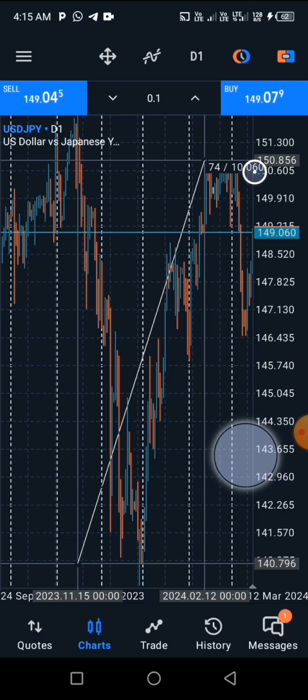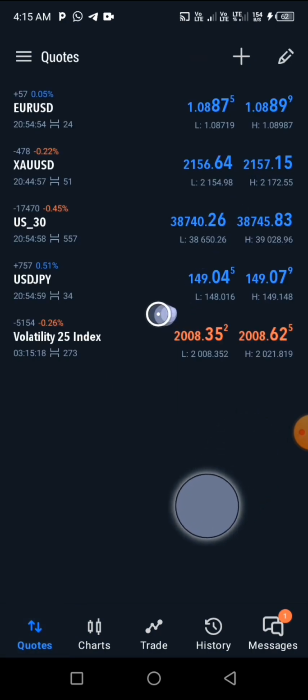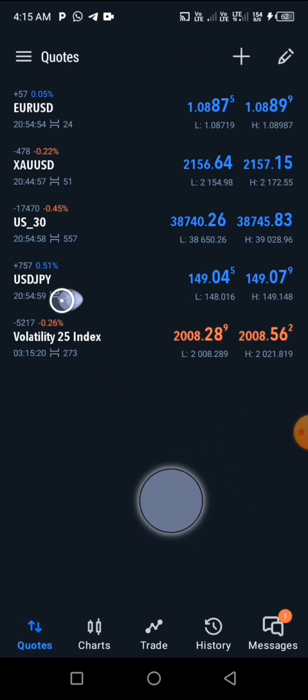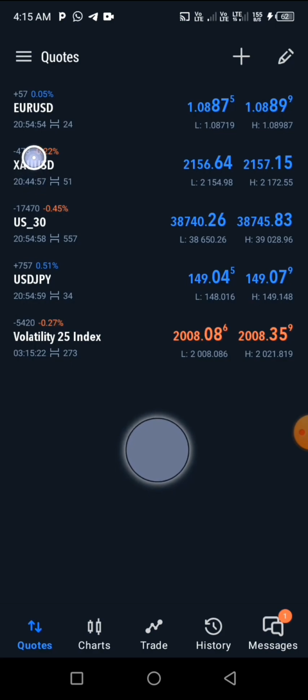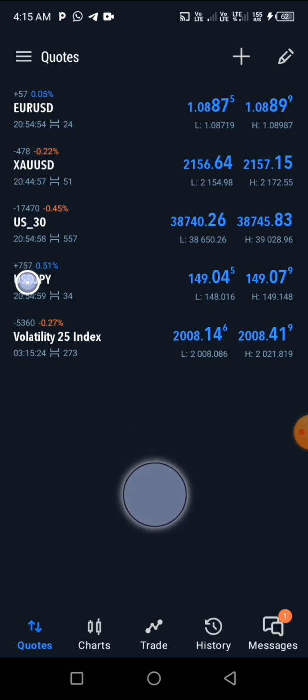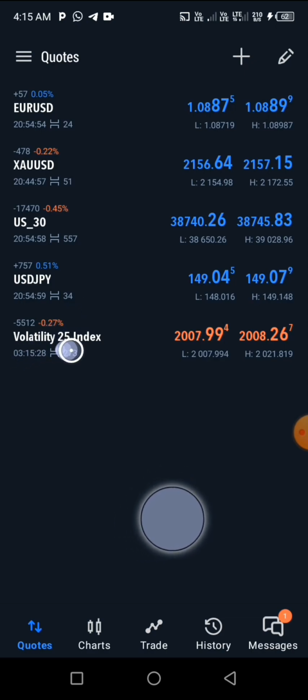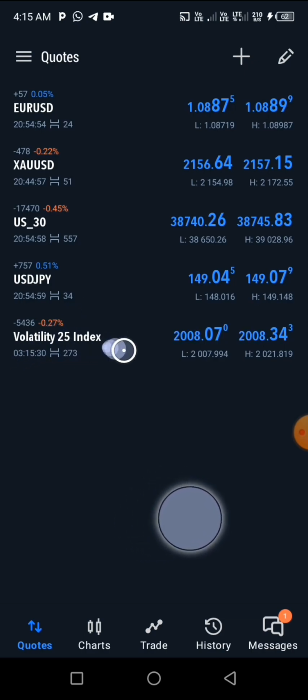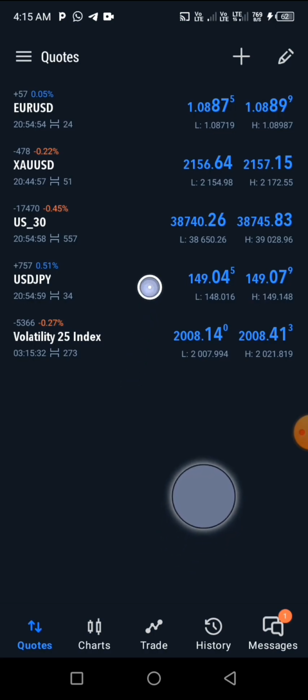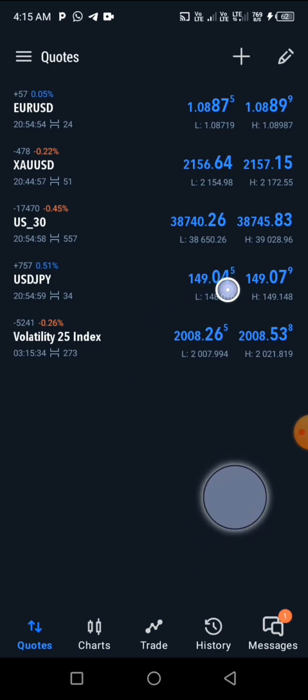So if you remember what I said the other time, the US30 and the gold have a similar way of calculation. Similarly, the USD JPY and the volatility 25 index have a similar way of calculation, because it has 2 decimal points with a raised-to-power digit, which I said is a fractional pip.